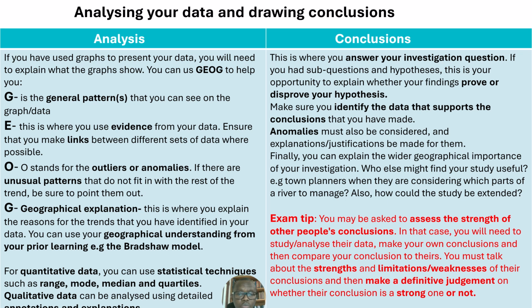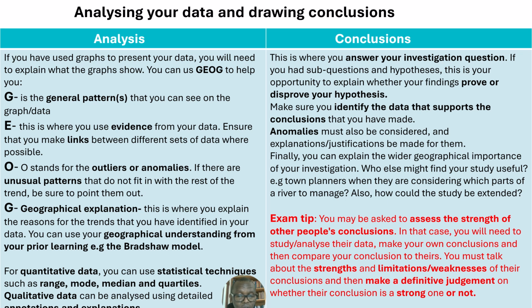Okay, so let's move on then to the conclusions. So a conclusion obviously is where you are answering your investigation question or your inquiry question. If you had some questions and hypotheses, this is now your opportunity to explain whether your findings prove or disprove the hypothesis.